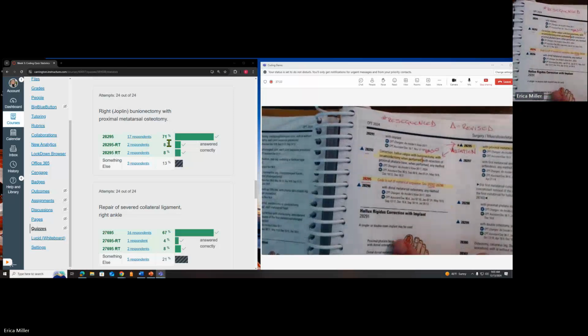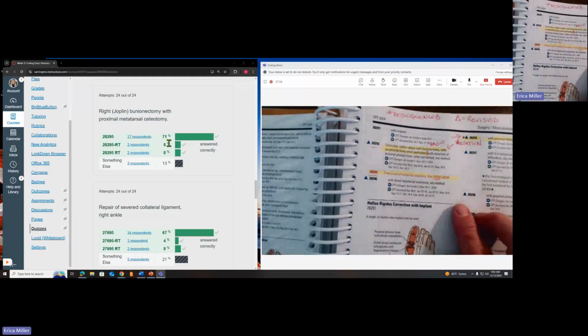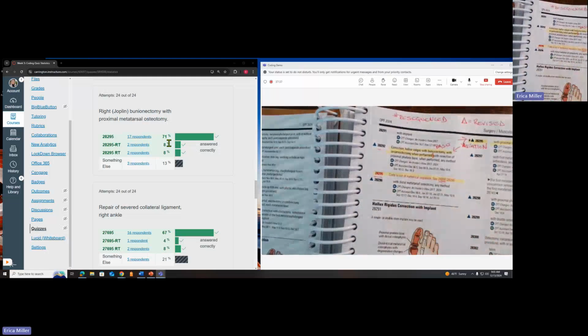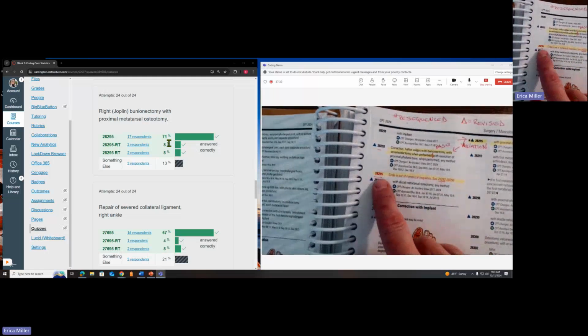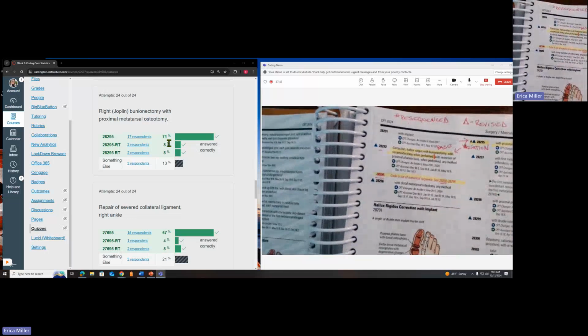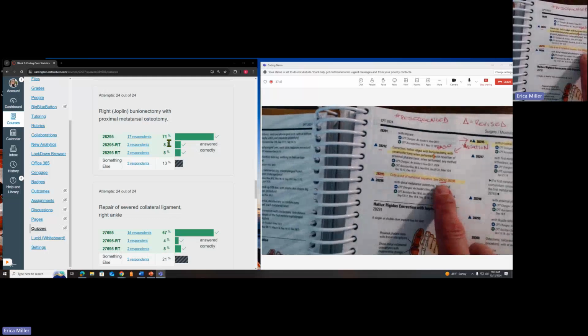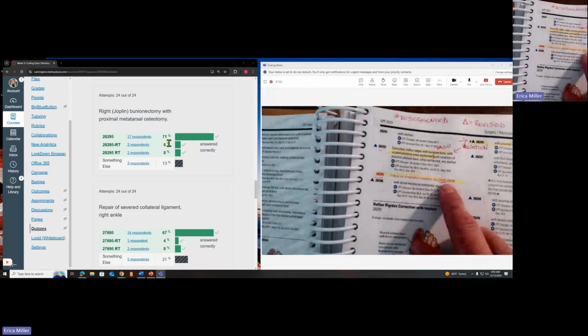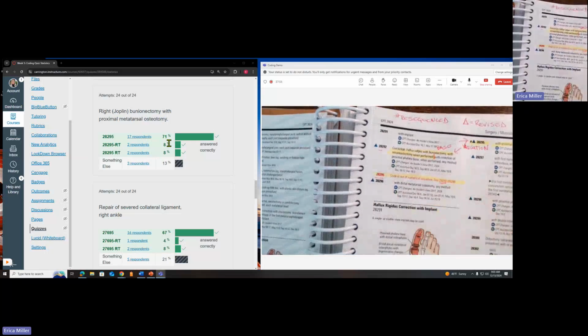Oh, some bonus information here. So when you go over to your tabular section, you'll see that the code that we're looking for says it's out of numerical sequence. Anytime you see this, just go to the range of codes that it directs you to, and they're telling you that your code will be found within this range.